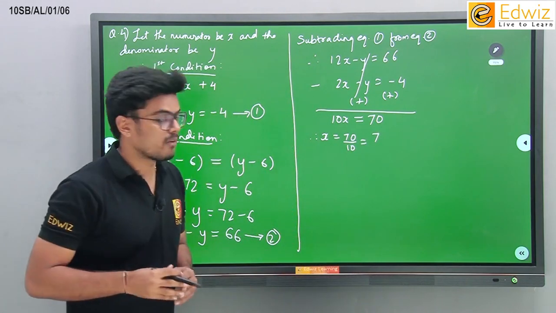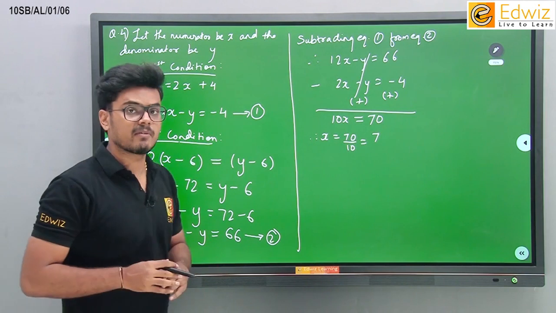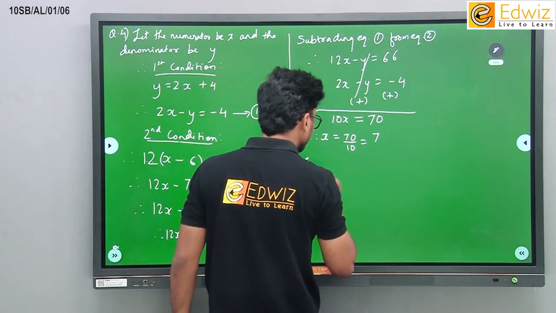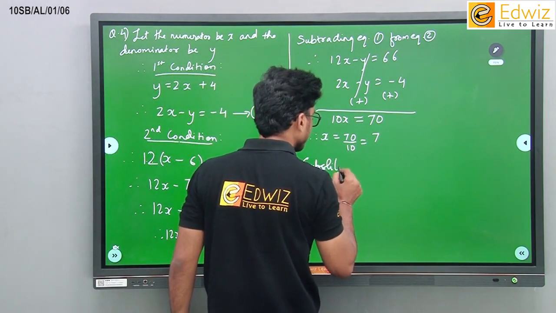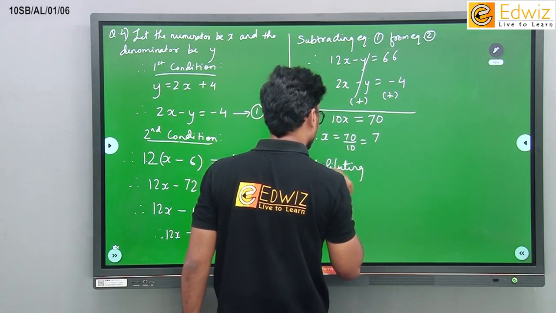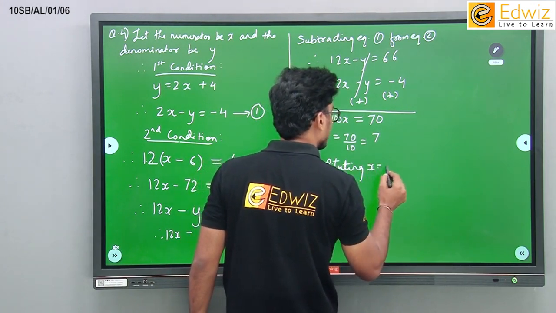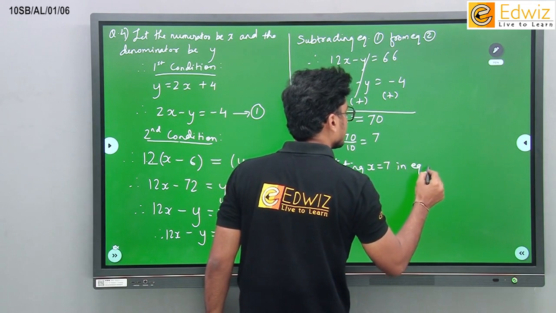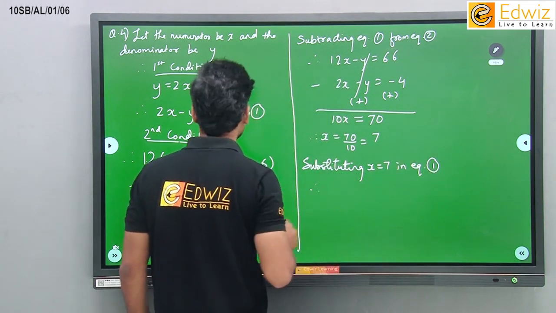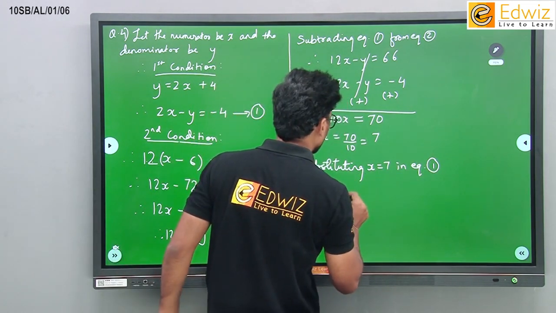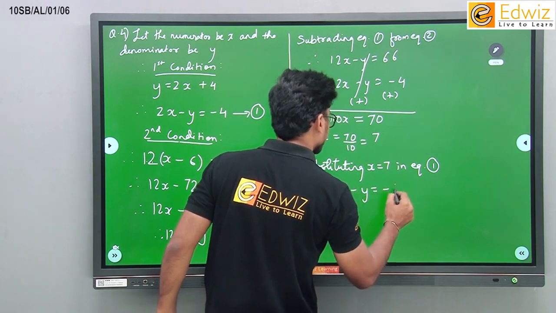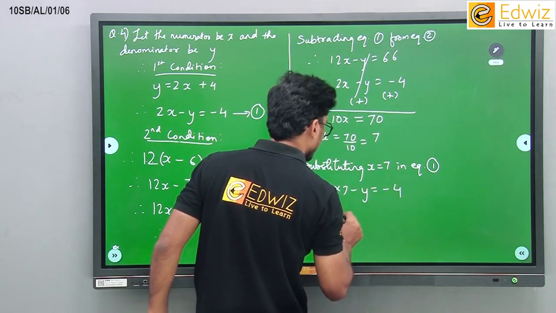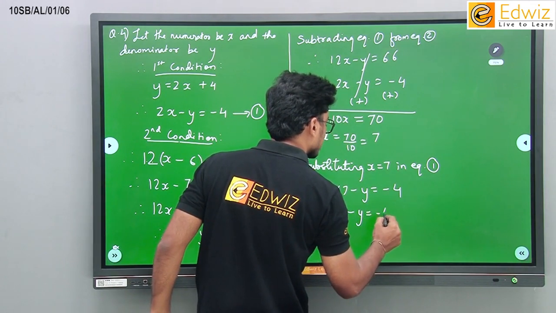Okay, once we get the value of x, substitute it in the first equation to find y. Substituting x equal to 7 in equation 1. Okay, what we will get here is 2 into 7 minus y equal to -4, that is 14 minus y equal to -4.